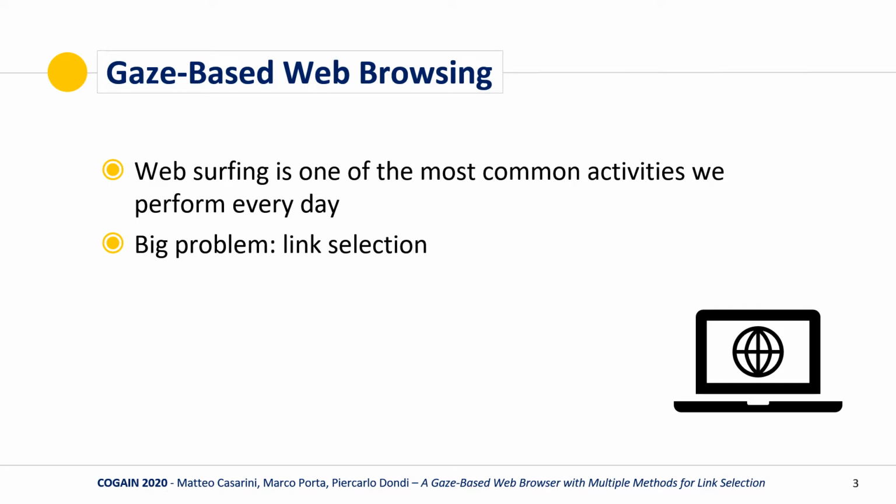Thus, it is important to find solutions that allow motor-impaired users to efficiently perform this simple but essential operation through the gaze. Also, page scrolling needs to be considered, but in general, it can be more easily faced.